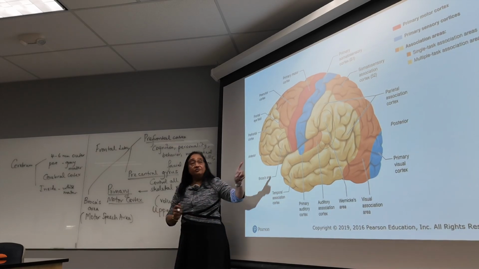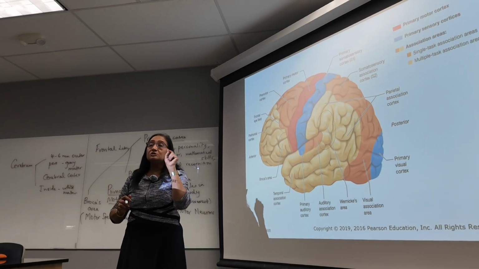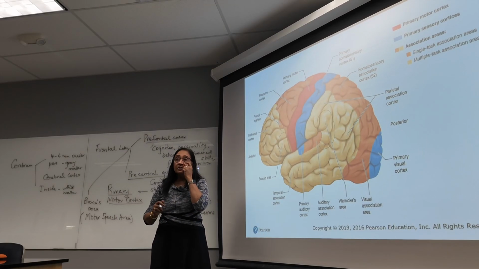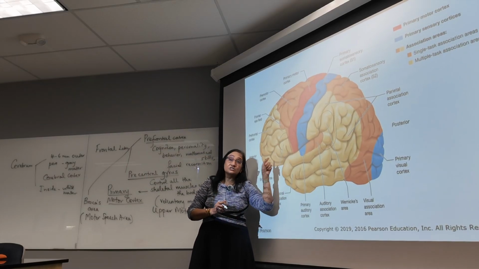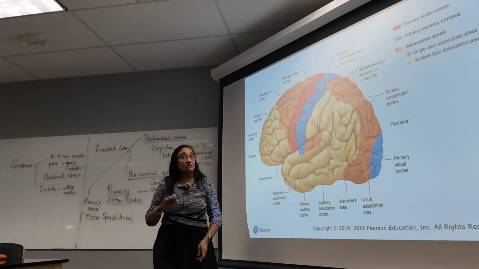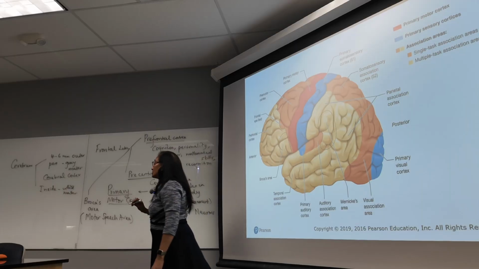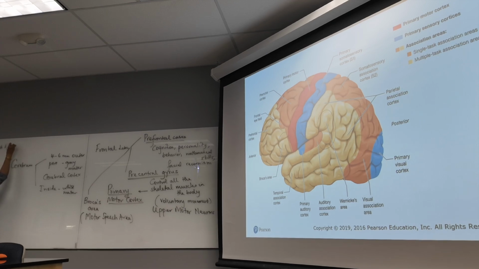If the neurons here are damaged, it will lead to speech defects. If a person has a stroke that damages the neurons in Broca's area, speech will not be possible. The term we use is aphasia, which means lack of speech, not being able to speak.